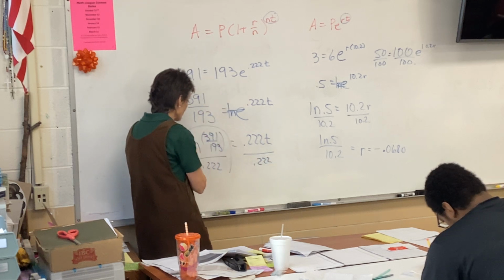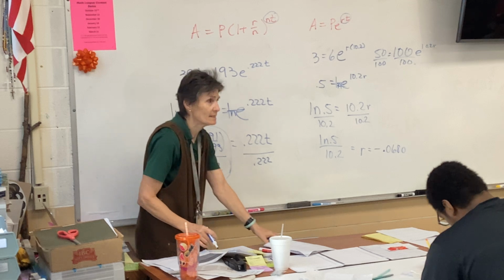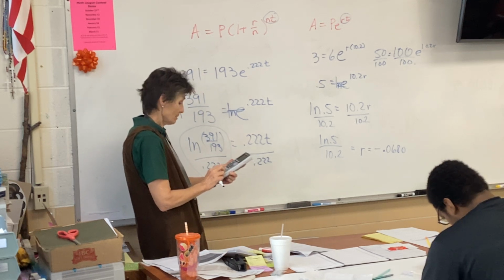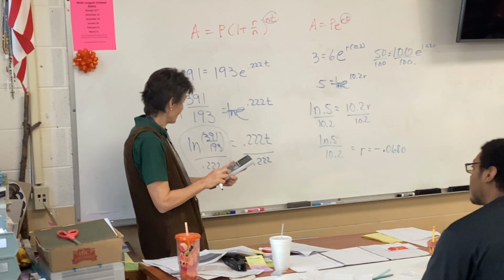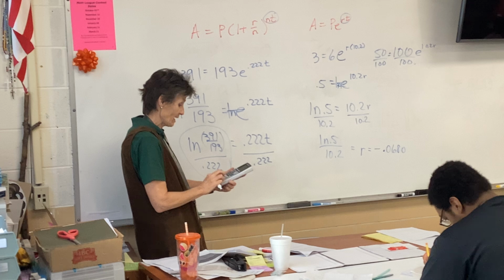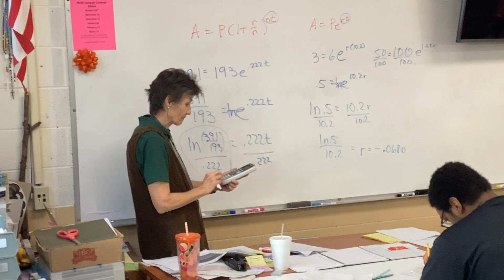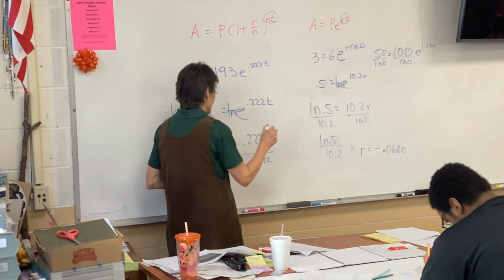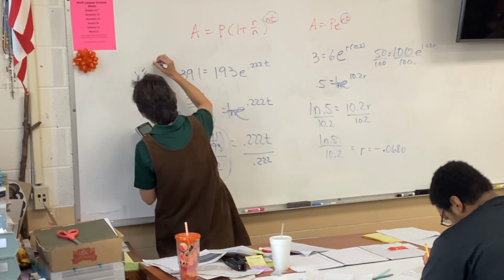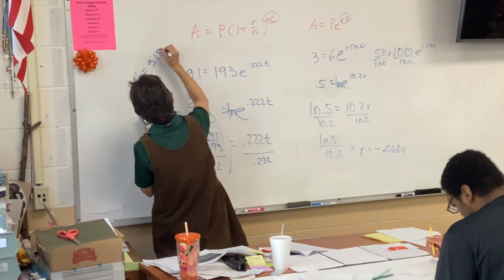So this is what I'm going to type into my calculator, and it's easy. Just type it: ln 391 divided by 193 close parentheses divided by 0.222. And how long does it take? What did t come out to be? 3.180.